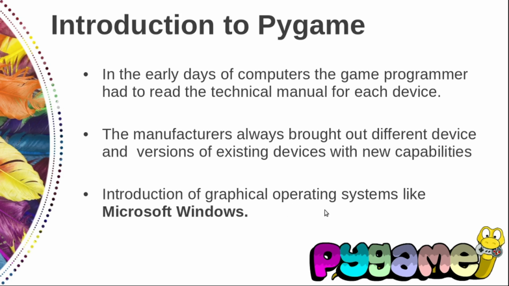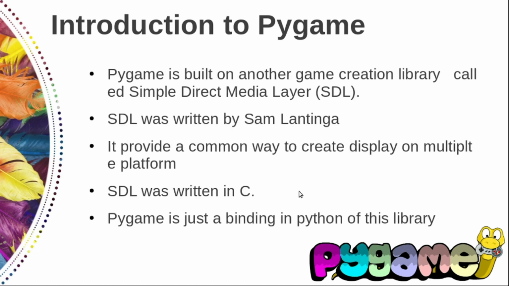So this variety of hardware makes it such an effort to initialize the hardware and ready it for use in the game. So that's why we require one more layer of interface which frees us from worrying about these details. And this problem is mainly solved by Pygame.